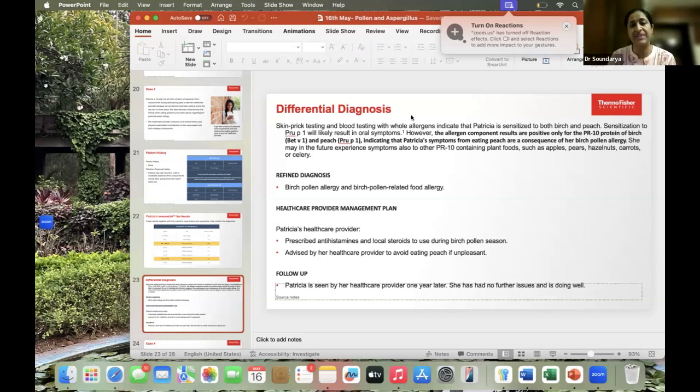Rather than blindly avoiding foods when your treatment is not giving the desired result, it is always better, rather than doing it as a series, that we should opt for CRD so that we can help our patients better. It is not to do everything as a blanket upfront and get confused. The knowledge of CRD and how to interpret it is equally important, and it should be titrated to the patient scenario. Hopefully, after this seminar, they will. Yeah, thank you so much.